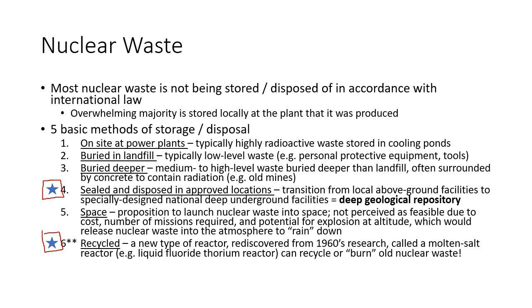Or you can recycle this waste. Now that is the best option from my point of view, but I have the 2 little asterisks next to it to say that it's not really happening much. But back in the 1960s, people came up with these reactors called molten salt reactors, and they can essentially use old nuclear waste, like I've mentioned several times.